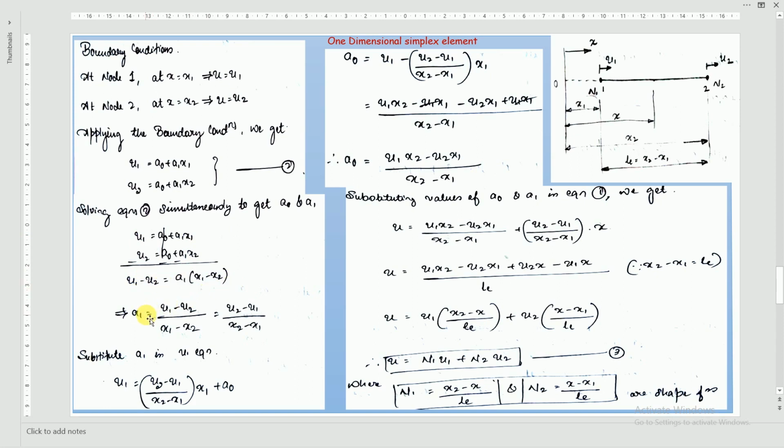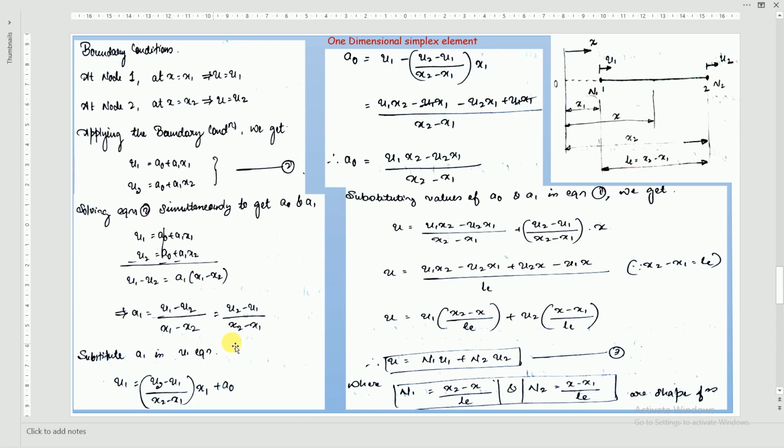You will get a1 equal to u1 minus u2 divided by x1 minus x2. Minus has been taken common in both numerator and denominator, so minus will become plus now. So you will get u2 minus u1 divided by x2 minus x1. Why is it done like this? Because it will be easier for us to write this x2 minus x1 at the last as the length of the element, which is this one.